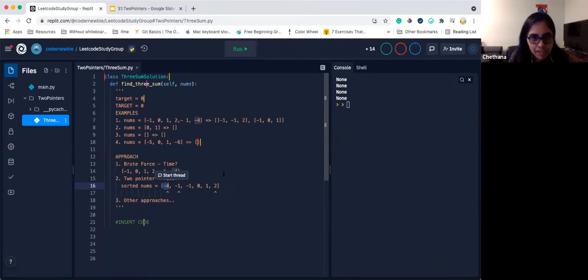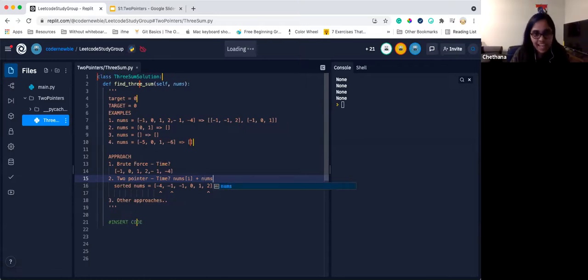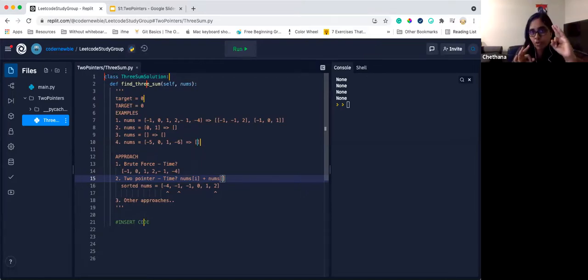Generally, how do we find out, right? For this, it's going to be nums of, let's call this I, because anytime we're going through an iteration, we just use I. After that, we need to have 3 pointers, right?